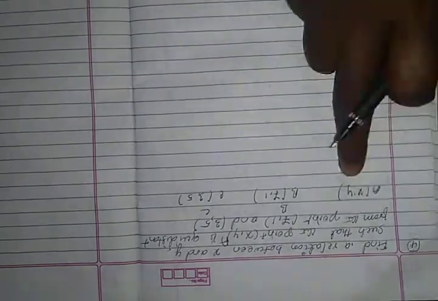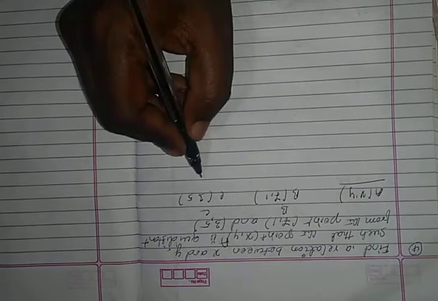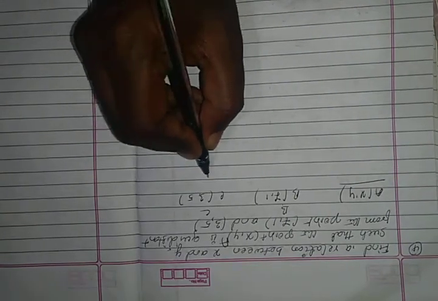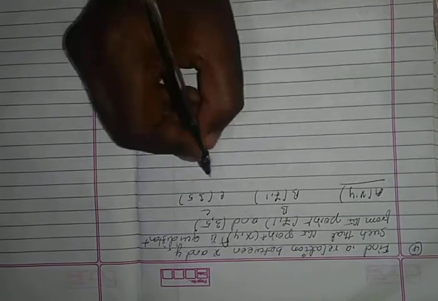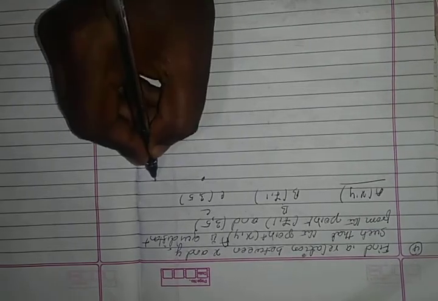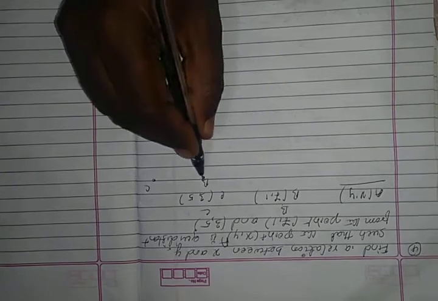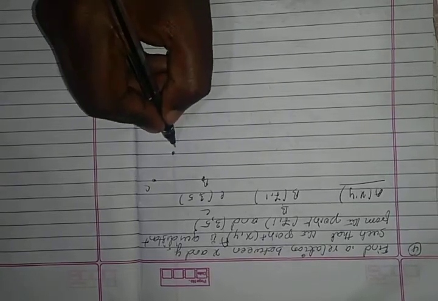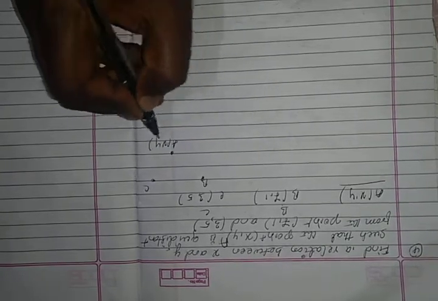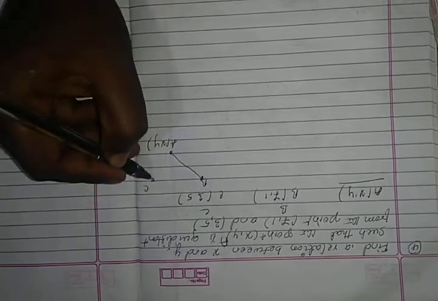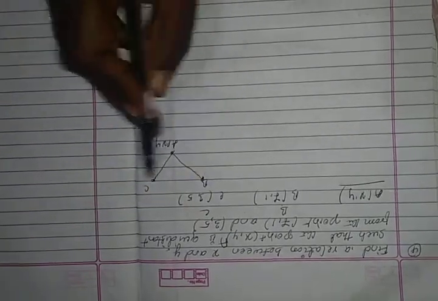So the point A of xy is equidistant from B and C.